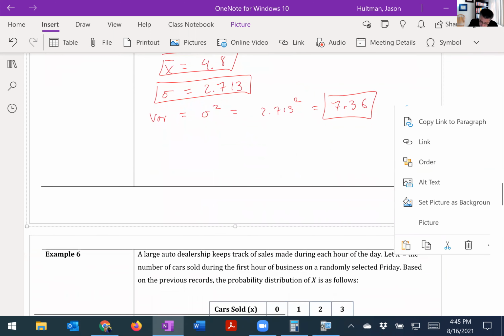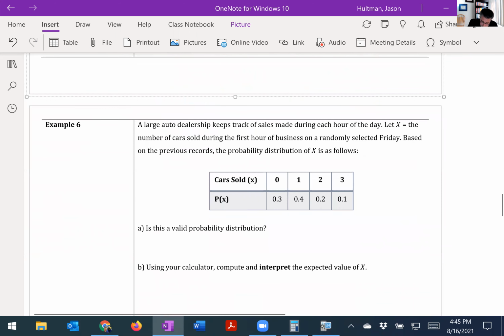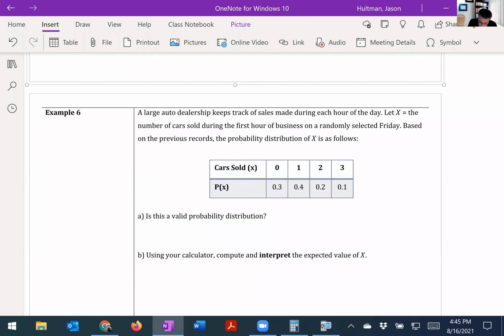Let's do example 6 using StatCrunch this time. It says a large auto dealership keeps track of sales made during each hour of the day. Let X equal the number of cars sold during the first hour of business on a randomly selected Friday.